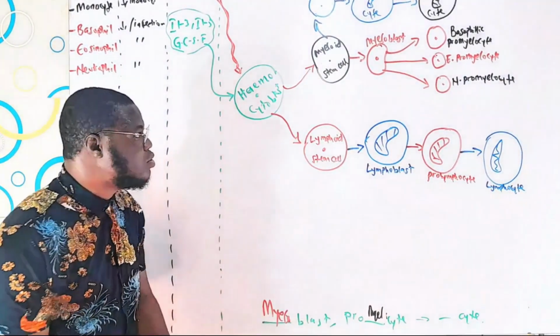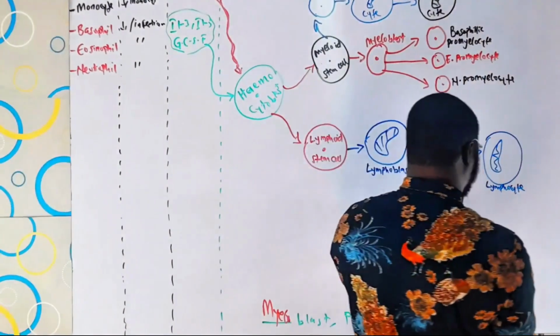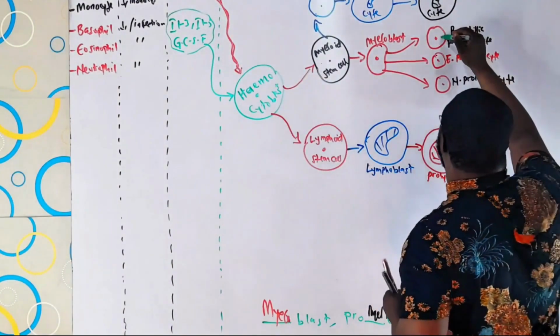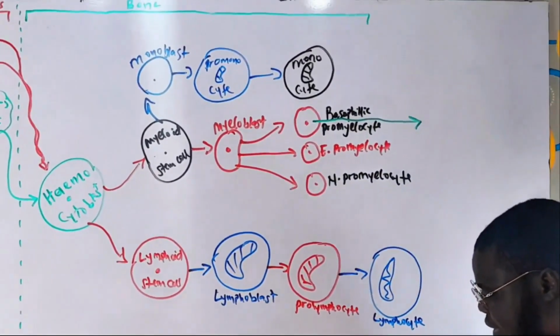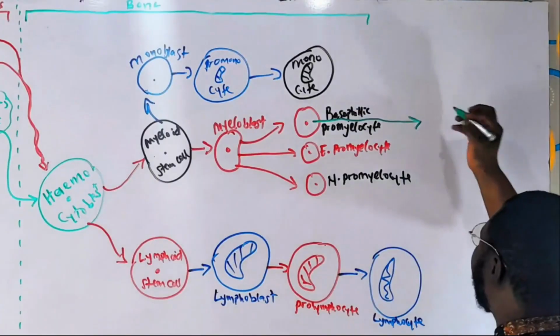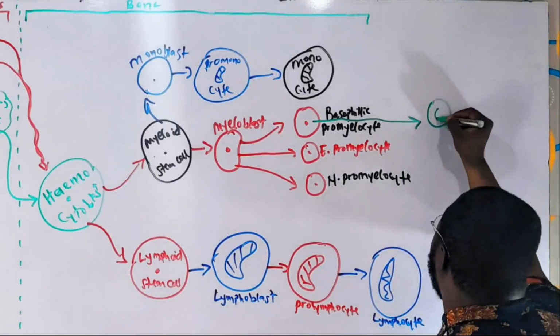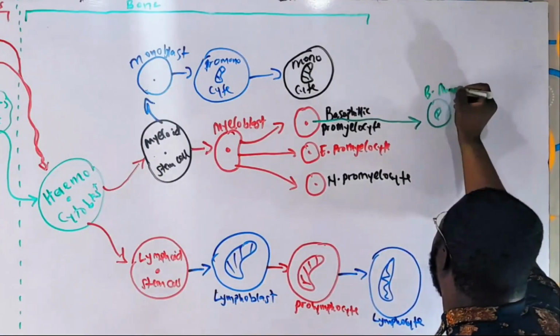After that, they are going to divide as well to form another cell, and they form it individually. So, this one will form something new. They are meant to form myelocytes now. So, this is going to be basophilic myelocyte.